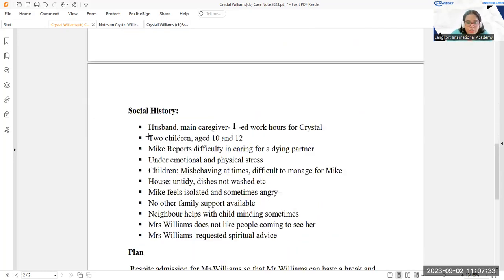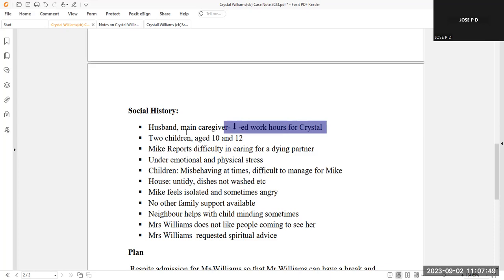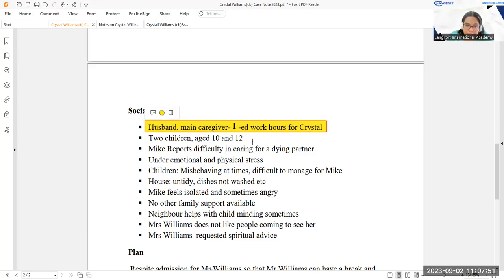Now, look at the social history. What are the things that I can include from here? What about the first point? Should I say her husband is her main caregiver, then he reduced his working hours for her? Yes, ma'am. And what about the kids? Not required, ma'am.